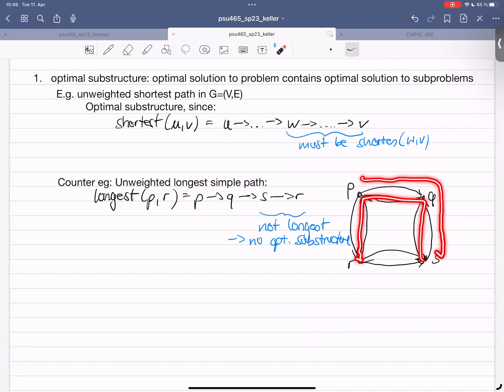So you cannot solve them independently, because if you solve them independently, you can't stick them together to a feasible path anymore. So that's sort of the high-level idea.